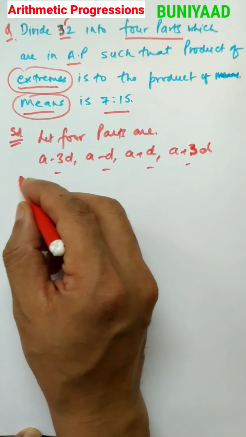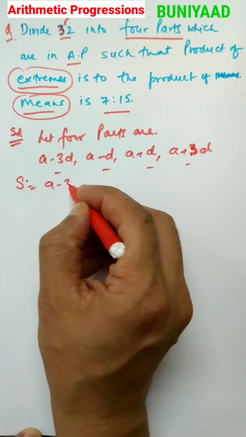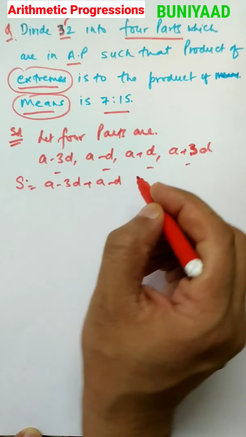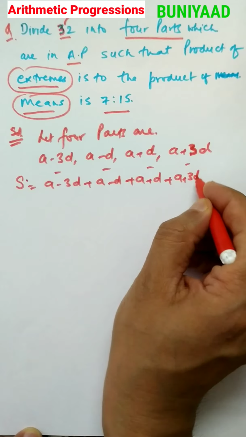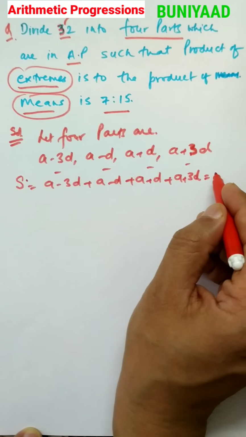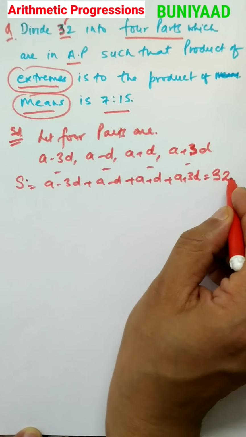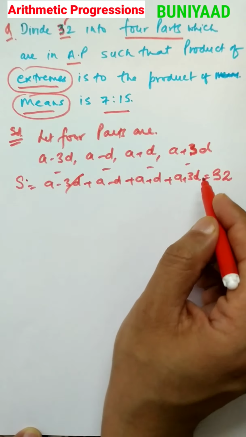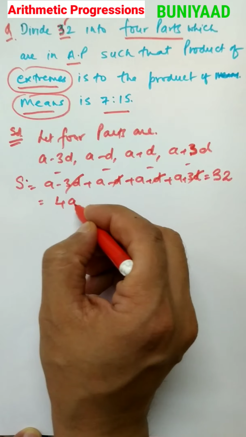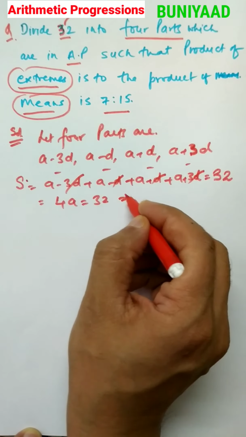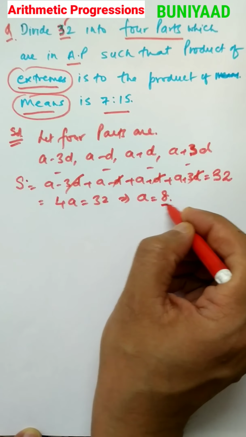Now what is given to you? Sum is a minus 3d plus a minus d plus a plus d plus a plus 3d. What is that? This is 32. On simplification you will get 4a equals 32 and then a is 8.